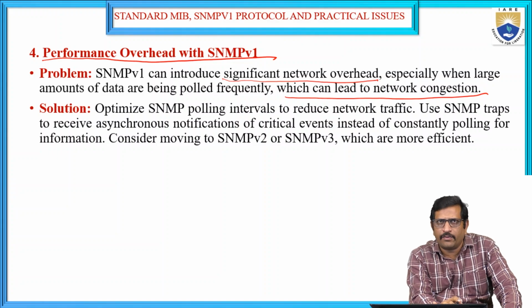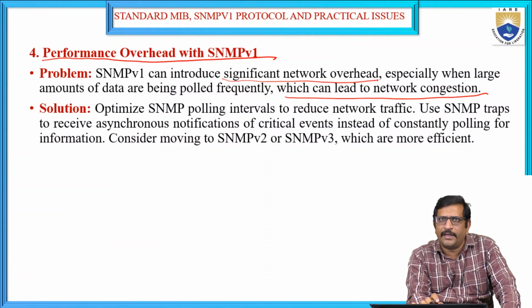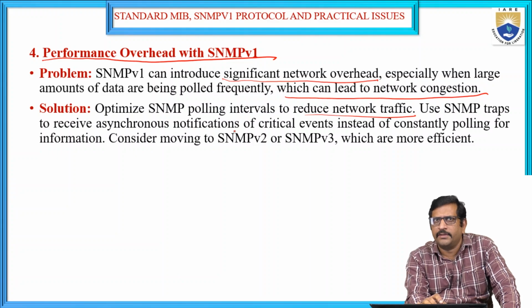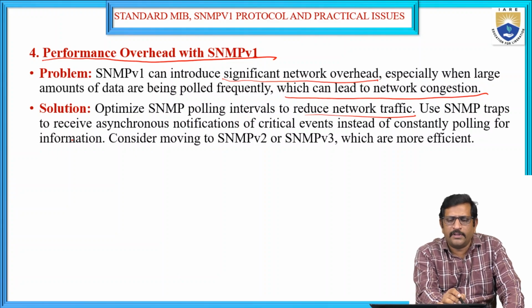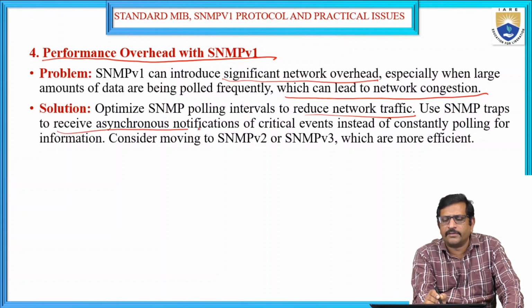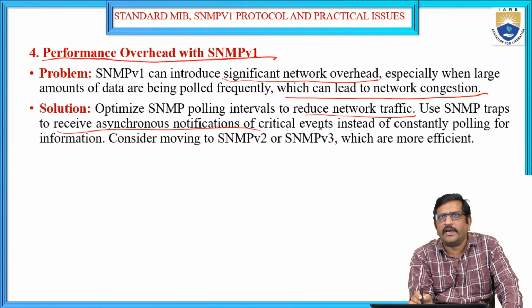The solution for that is to optimize the SNMP polling intervals to reduce the network traffic. Network traffic can be reduced by optimizing the SNMP polling intervals. And with the help of SNMP traps, we can receive asynchronous notifications for critical events.